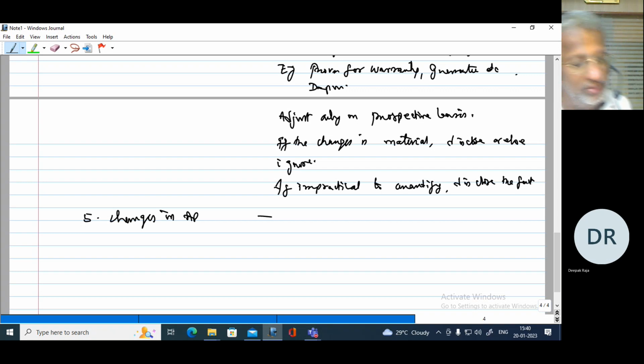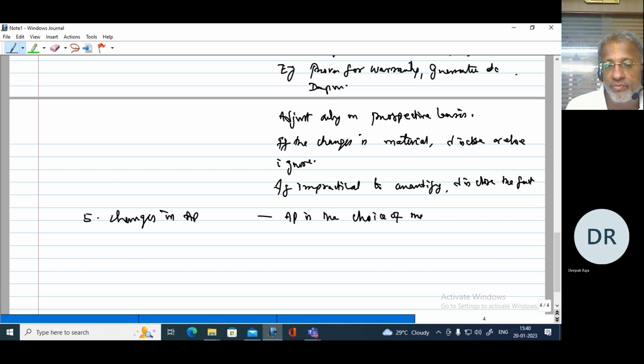So, where there is a change in the accounting policy. Firstly, I will write: accounting policy is the choice of method to follow an accounting principle.